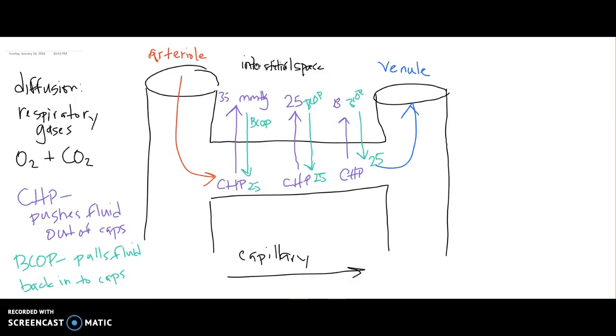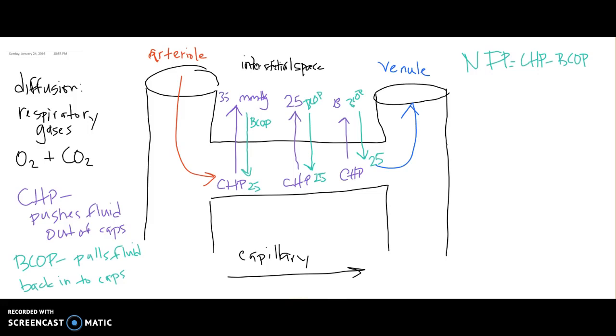If you flip on your outline to the next page, the next part is looking at net filtration pressure, your NFP. Net filtration pressure is the difference between the CHP and the BCOP, so it is the CHP minus the BCOP. This will tell you if materials are moving into or out of the capillary at any particular spot along the capillary.